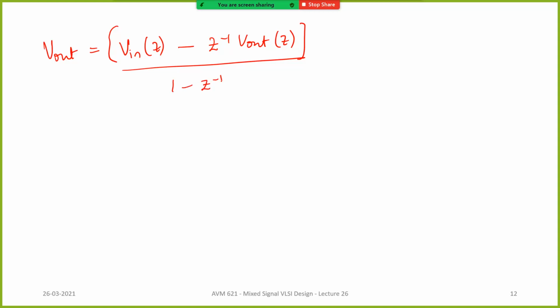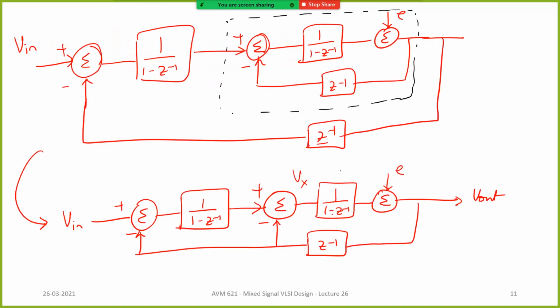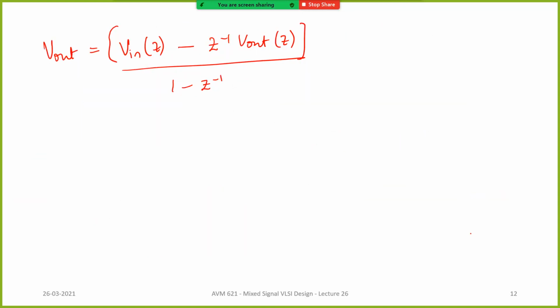This is what you have at this particular point. That is subtracted again by Z inverse into V out of Z, and this whole thing is again multiplied by 1 by 1 minus Z inverse, plus E of Z.